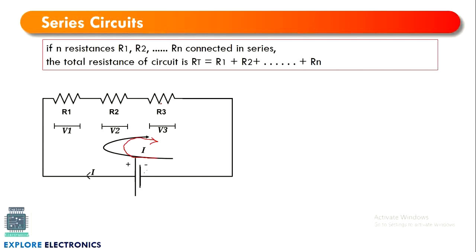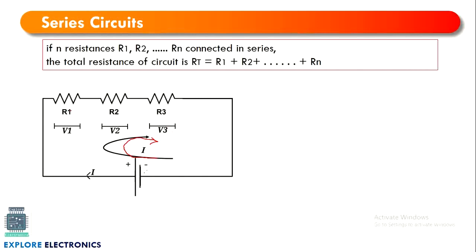Means the current flowing through R1, R2, R3 is the same. But the voltages across R1, R2, R3 are different. Voltage across R1 is V1, R2 voltage is V2 and across R3 we will be getting V3. Here remember, voltages are different, currents are same.